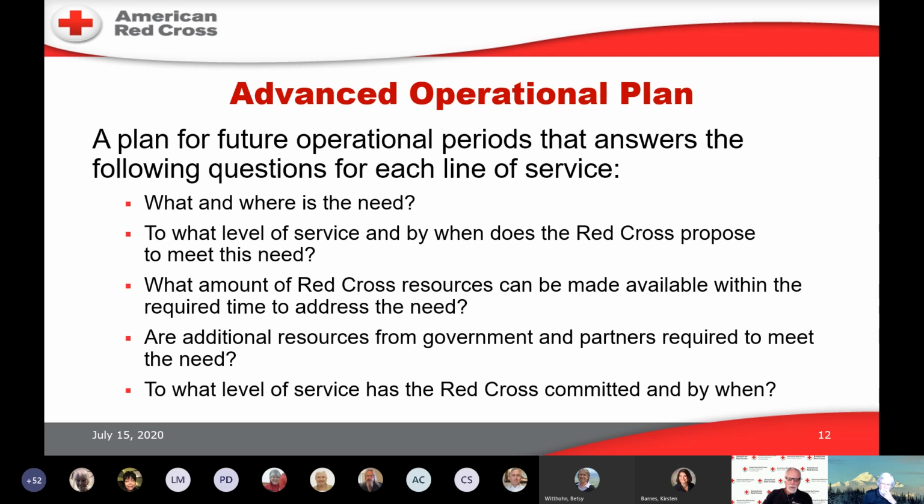What amount of Red Cross resources can be made available within the required time frame? And this is a question really of, are the resources available? So the planning tools will tell you what you need, and then you'll have to work with others to find out whether you can get that. If you need 1,000 people today, it's very unlikely you're going to get 1,000 people.